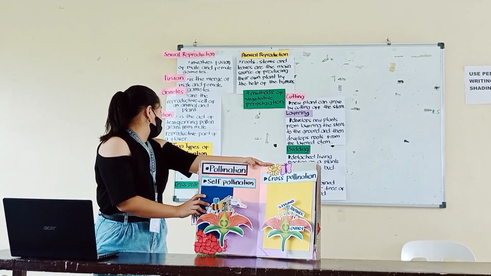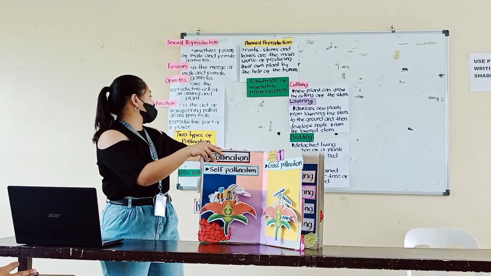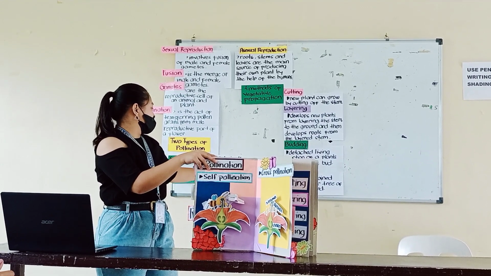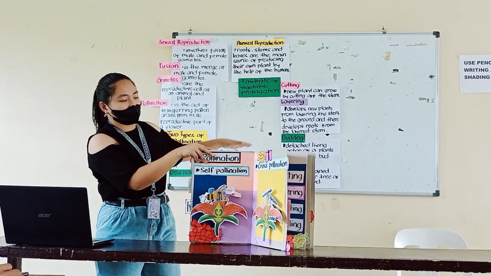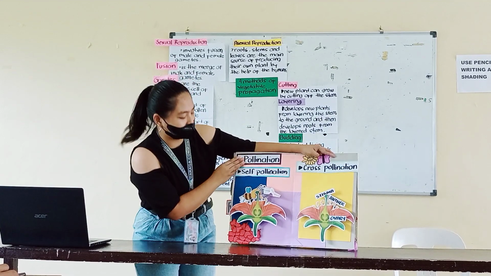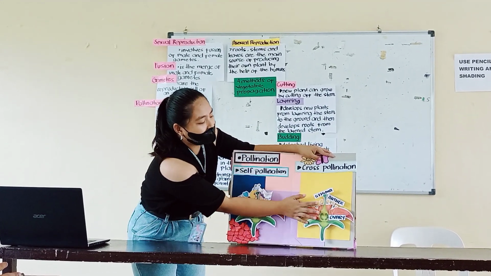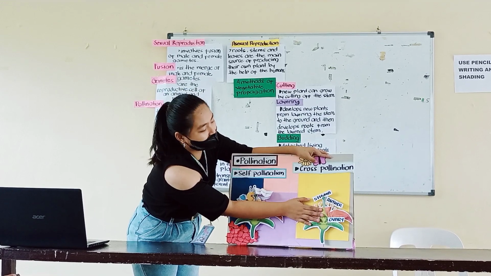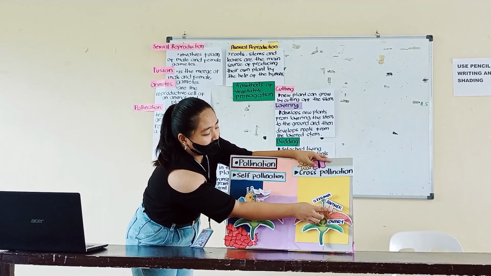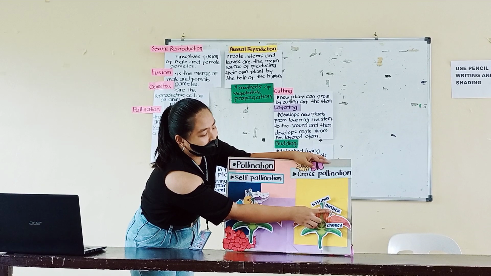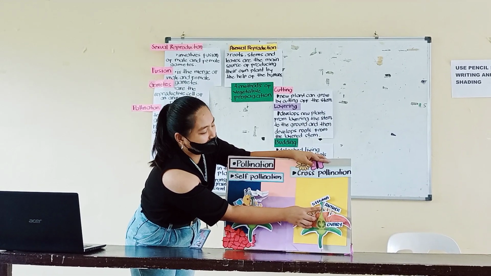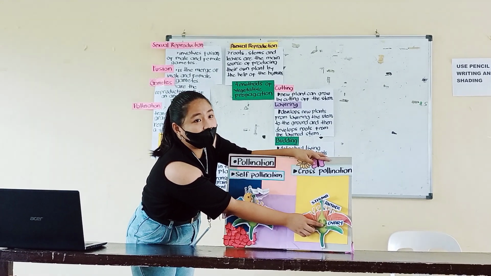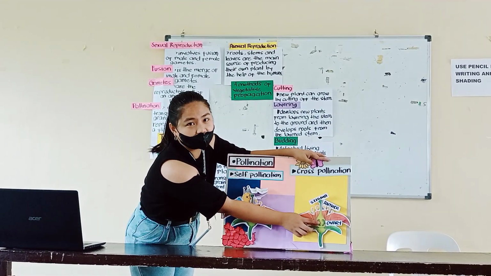First, self-pollination is the transferring of pollen grains within the same plant. For example, this is self-pollination. This is one plant, and the pollen grains are transferred from its own stigma down to the ovary, and then they will produce seeds.